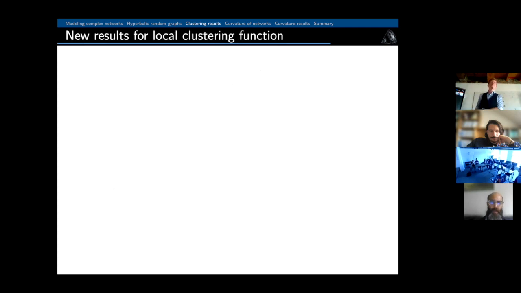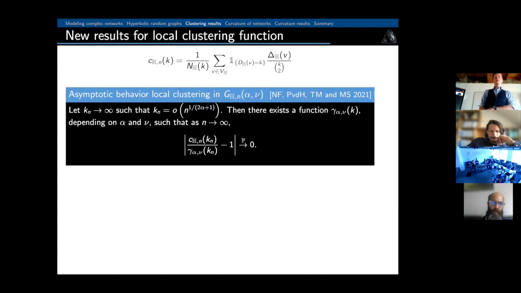And then of course we thought, okay, let's go one step further to the local clustering function. This is the formula for it, and we were able to show that it converges to a given function, but we were able even to show more, because we were able to show that it converges in such a way that it actually has the same scaling as the limit function.